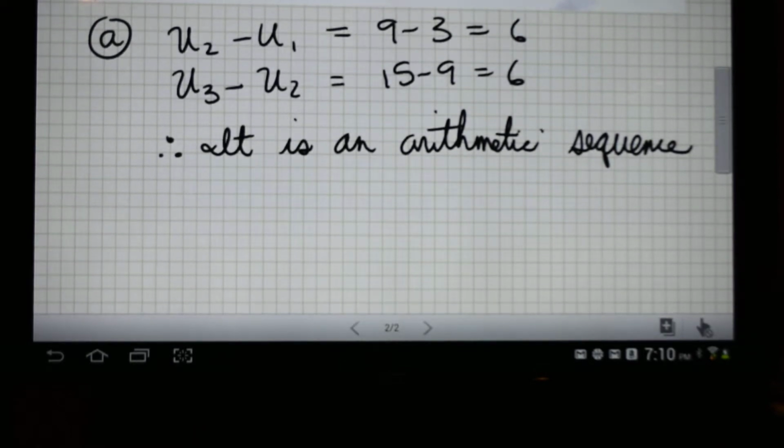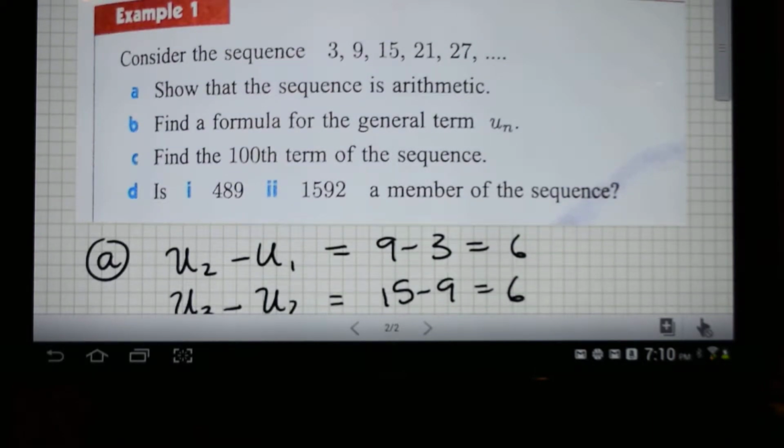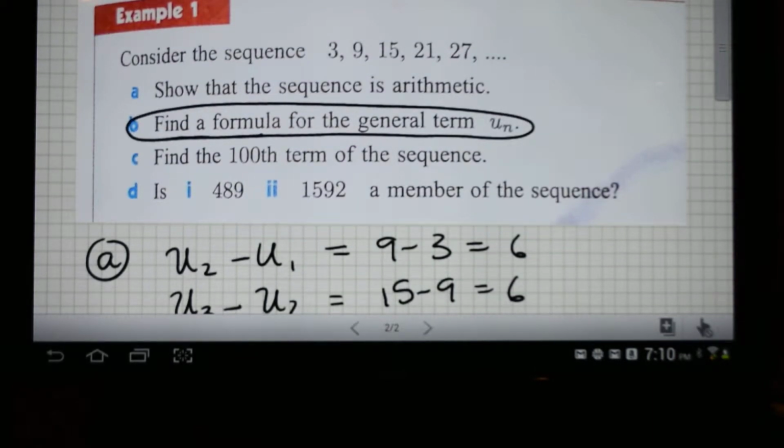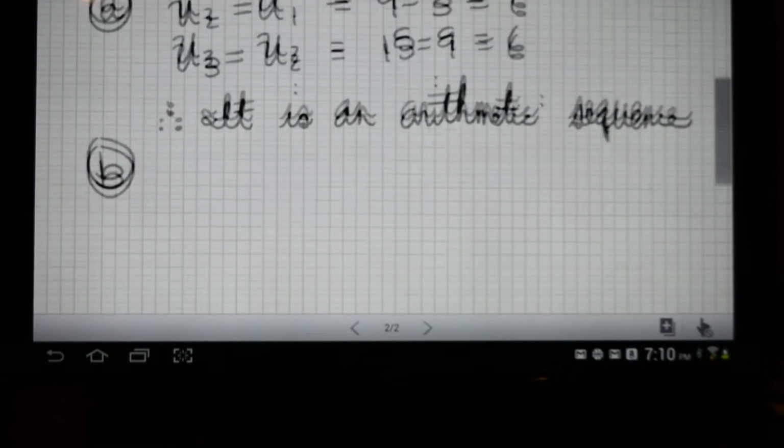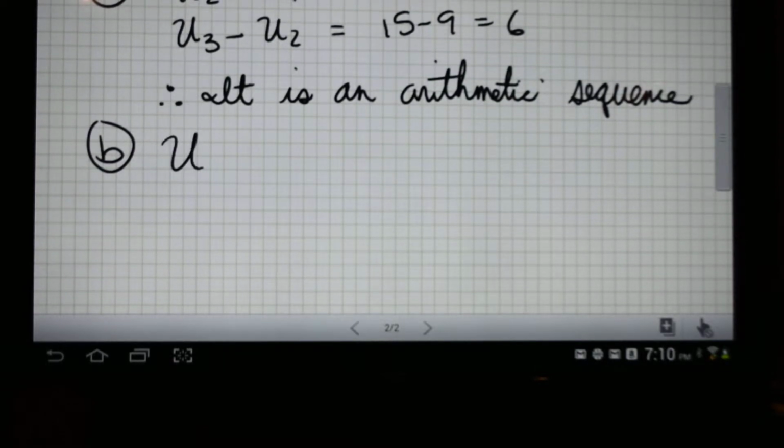So B, let's see what that says. Find a formula for the general term UN. Okay, we're going to start with the main formula. UN is equal to U1 plus N minus 1 times the common difference.